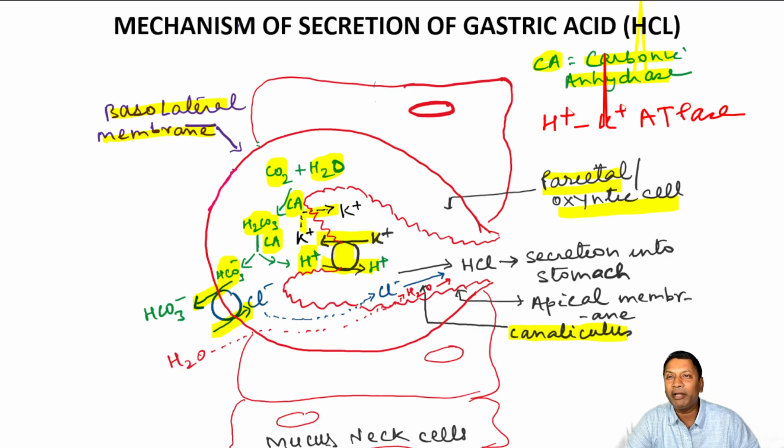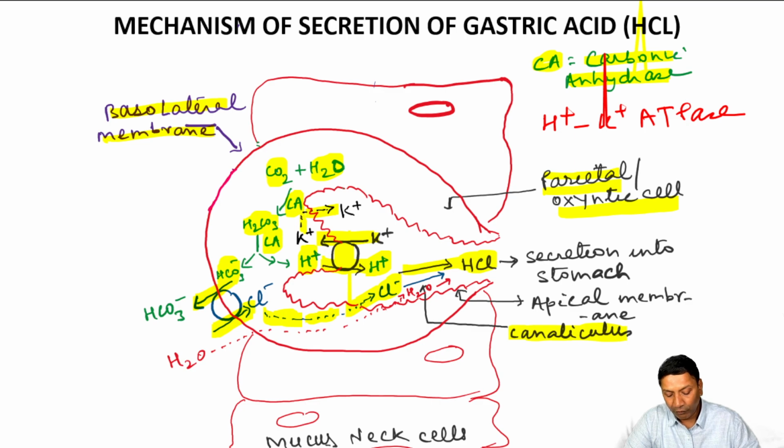So when the bicarbonate goes out, the chloride ion enters the parietal cell, and this chloride ion is secreted into the canaliculus of the parietal cell, and it combines with the hydrogen ion to form HCl, that is the gastric acid, right?